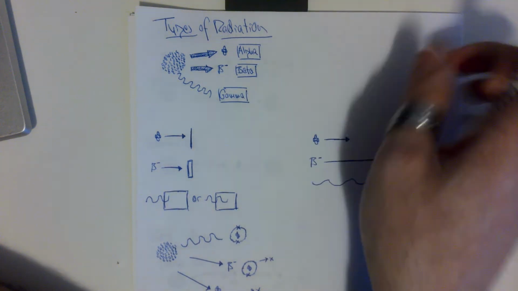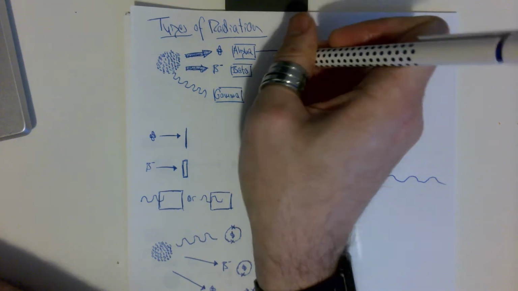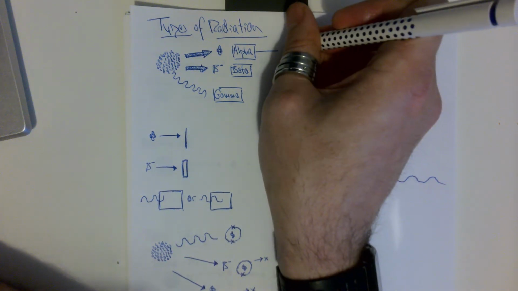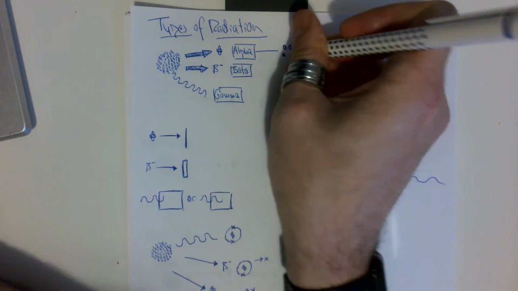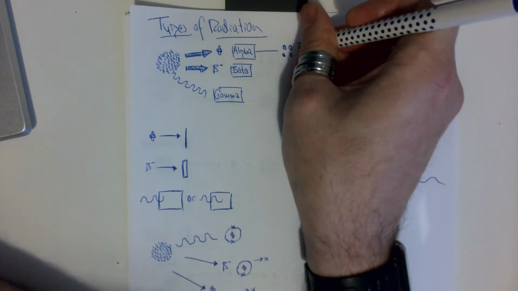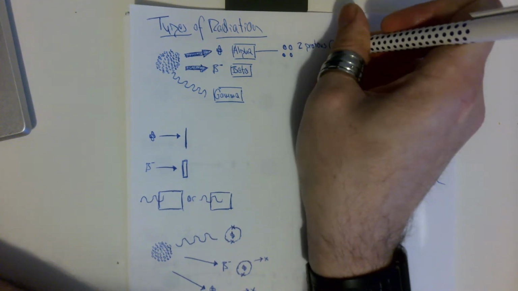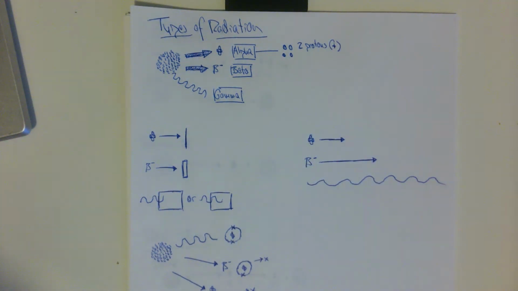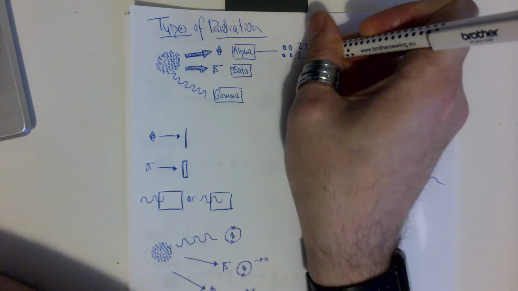Now, alpha radiation is made up of a particle that consists of two protons and two neutrons. And if we think back to what we know about the charges of protons and neutrons, we know that protons each contain a positive charge and neutrons each are neutral, so have no charge.